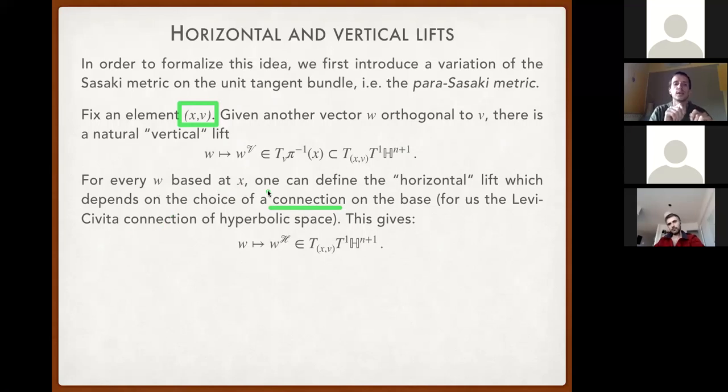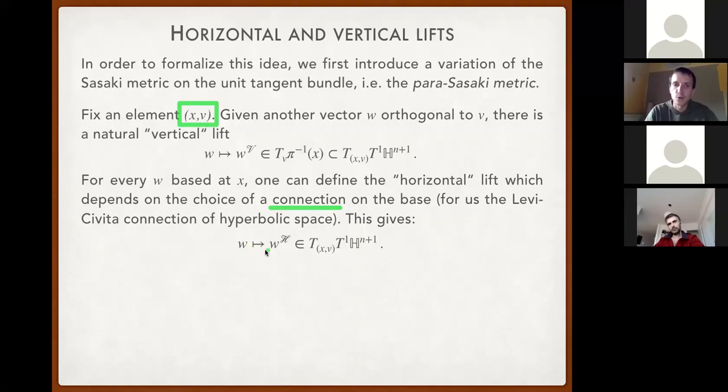Basically, what you do is you take w, which is downstairs. You take a geodesic which has initial speed w, and then you parallel transport your vector v, which is upstairs, along this geodesic. And you differentiate, and the derivative at time 0 is the horizontal lift of this vector w.